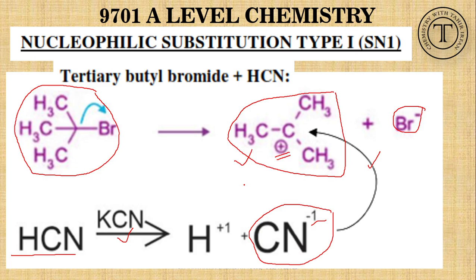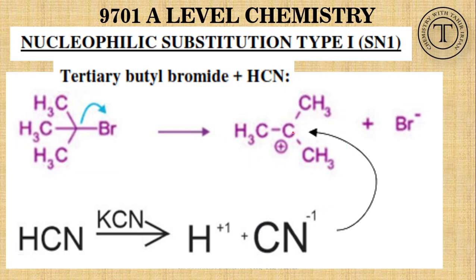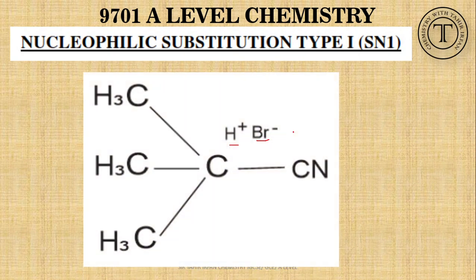So what happens here is actually an organic molecule that contained a bromine atom first ionized, making a stable carbocation, and then there was nucleophilic attack by the negative charge species on this positively charged carbon atom, making this final resultant compound.